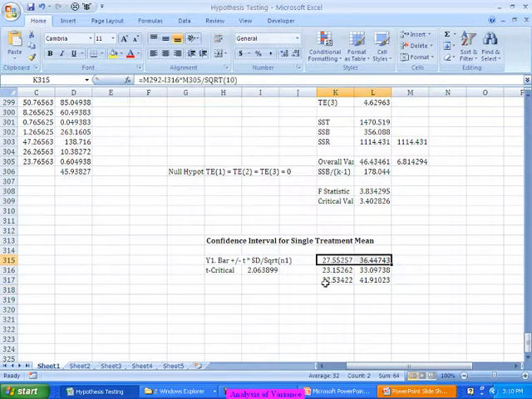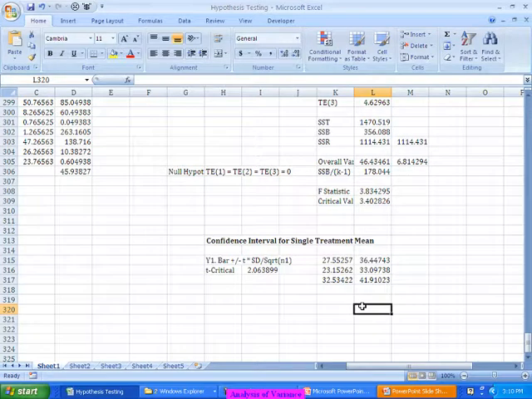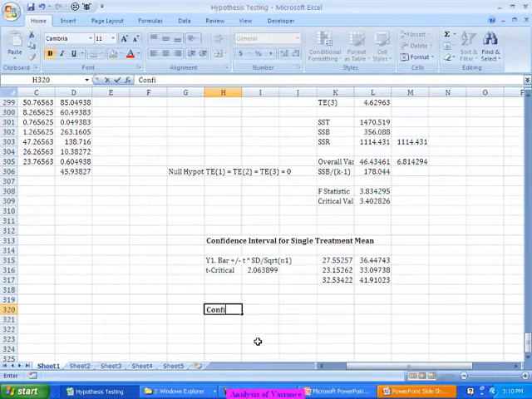These are the individual confidence intervals for the individual treatment means, and that is one set of analysis which we typically do. And the second set of analysis which we are getting in the same process is setting out the confidence intervals for a pair of treatments.